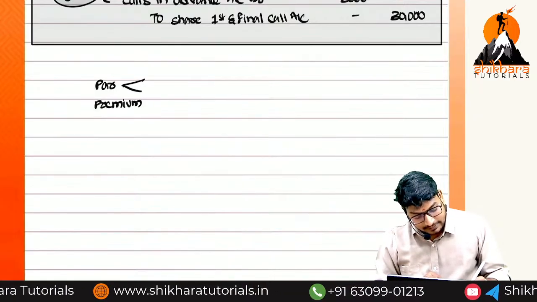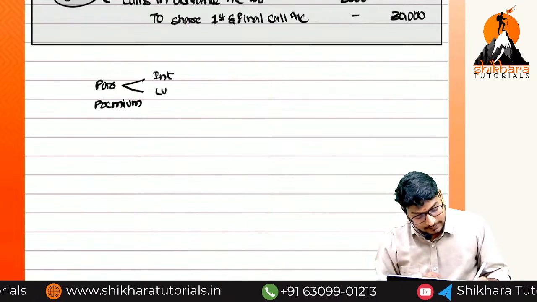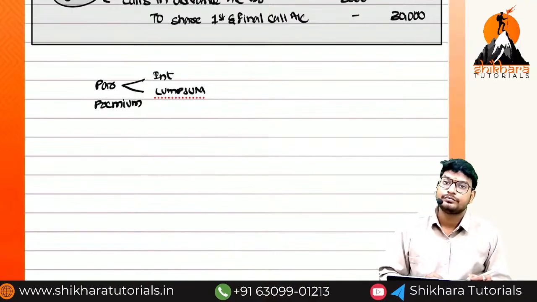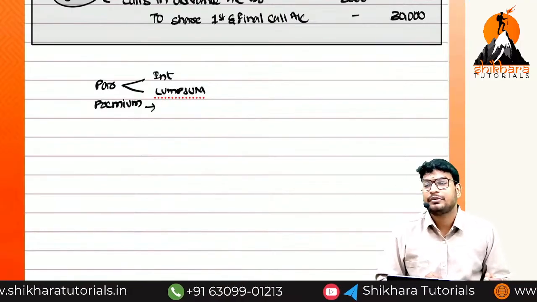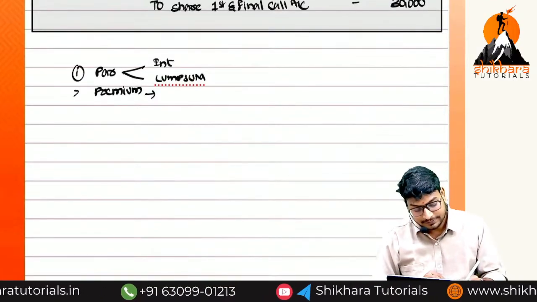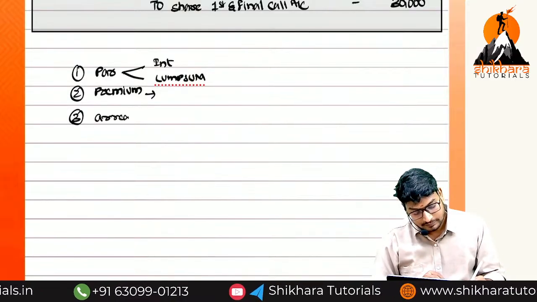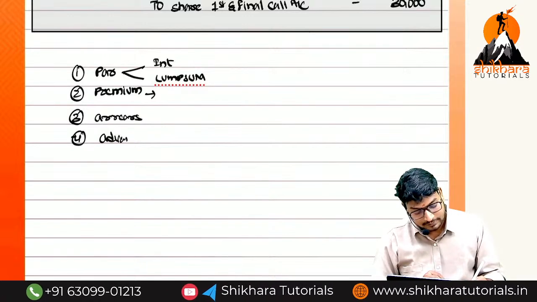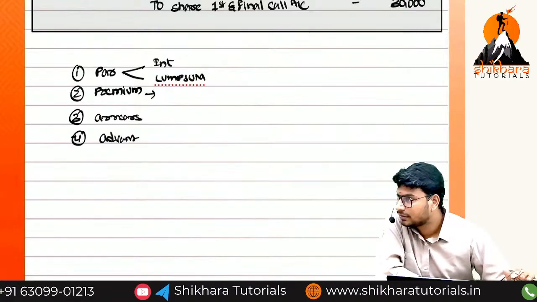On par you have completed installment and lump sum, and then on premium only installment. Lump sum is also the same. The premium amount will be transferred to securities premium, and then we have seen calls in arrears, and advance. Now we have to see forfeiture and reissue.